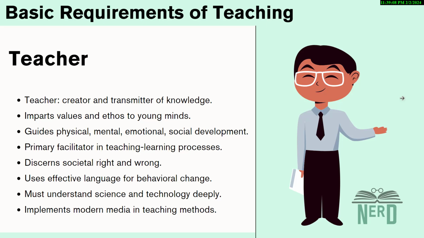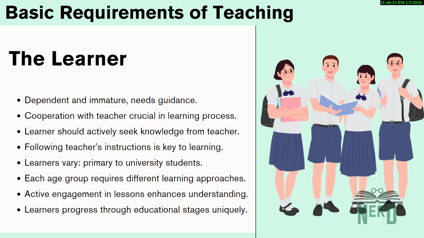Right, the next is the learner. Teaching cannot happen without the learner, right? Students are like sponges, ready to soak up all the knowledge thrown at them. But they're not just passive listeners. They need to actively engage, ask questions, and be curious. Depending on their age, their learning needs and style vary.